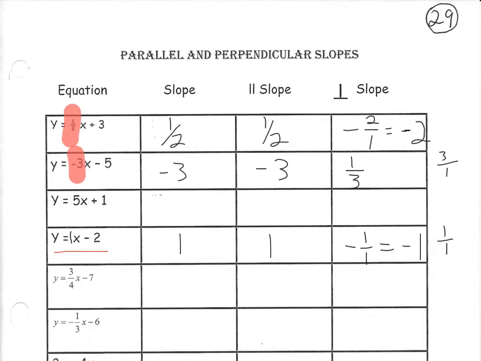But the inverse of 1 is still 1. It's one of those special cases. It's one of the very few special cases. So if you come across a slope of 1, know that the perpendicular slope, that inverse, is still going to be 1, but you're going to change the sign because you need the negative inverse.